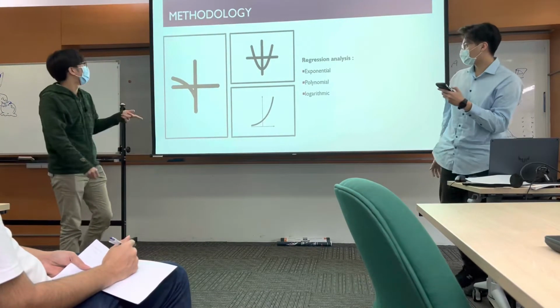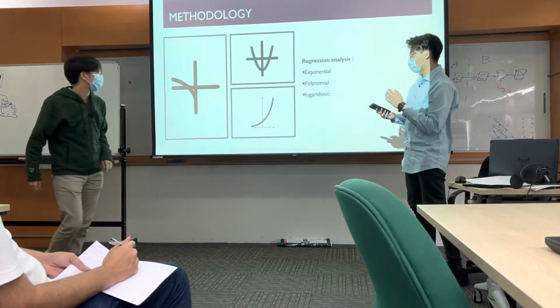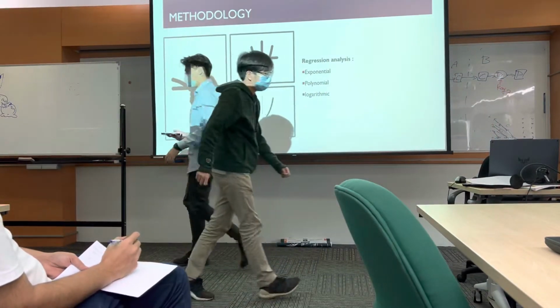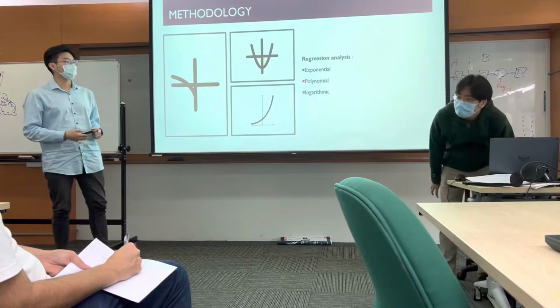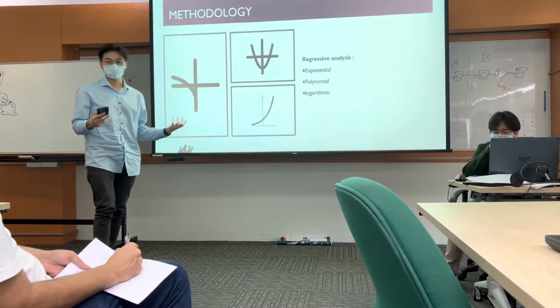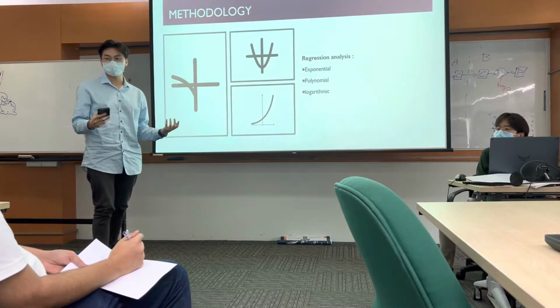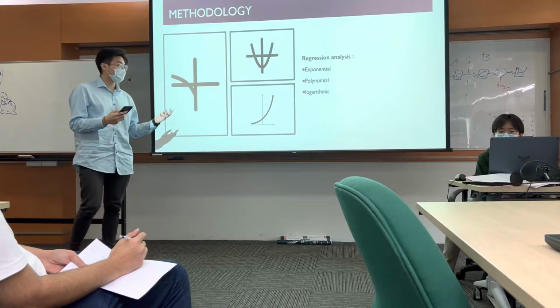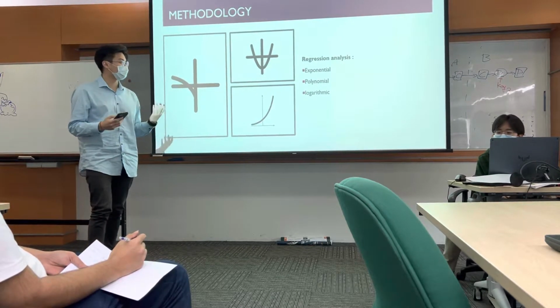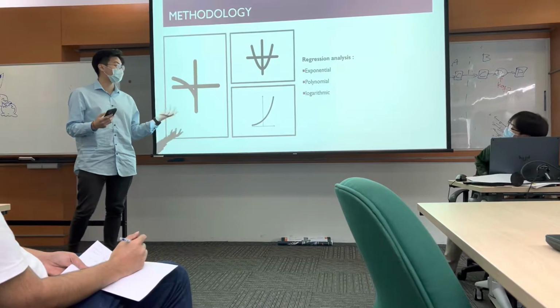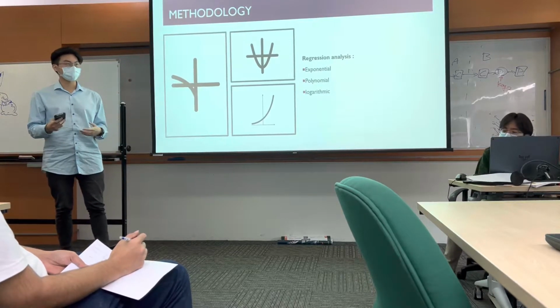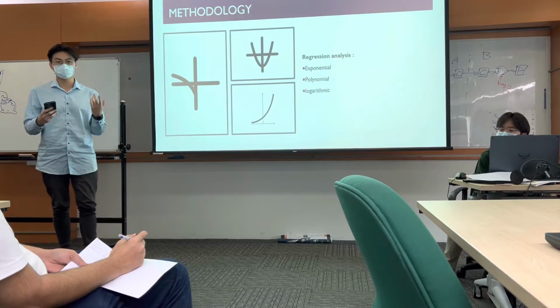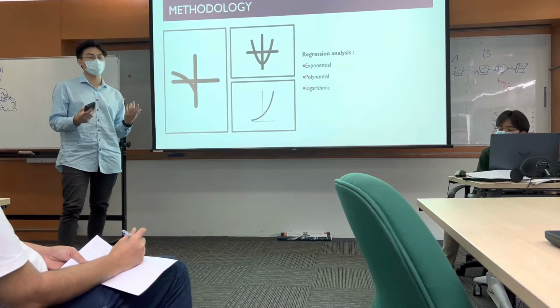Okay, so Pauline will explain about the methodology. Before we analyze our data, we try to find the best strategy to analyze it. We found several, and right now I'm going to explain what we found, and Noel will give you the one that we think is the most suitable for our data.